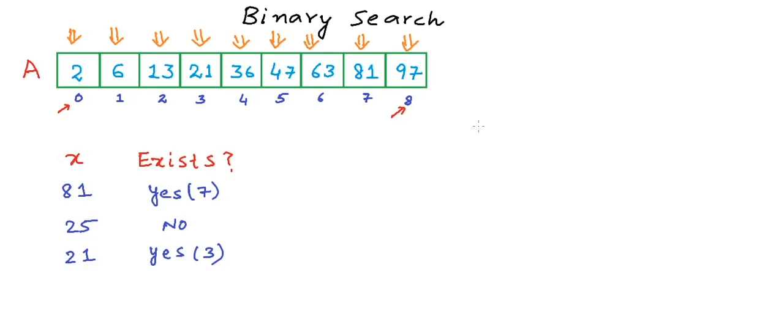And if I have to write code for this, it will be pretty straightforward. Let's say I want to write a method search that takes an array A, its size n, and the number x to be searched for. The code would be: we will run a loop starting 0 till n minus 1.